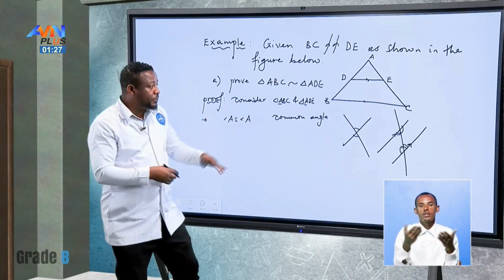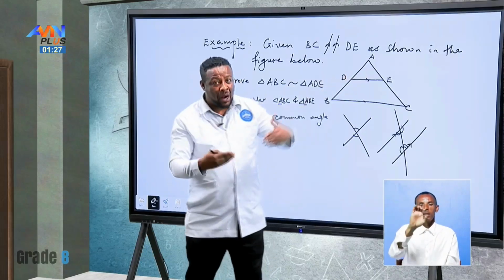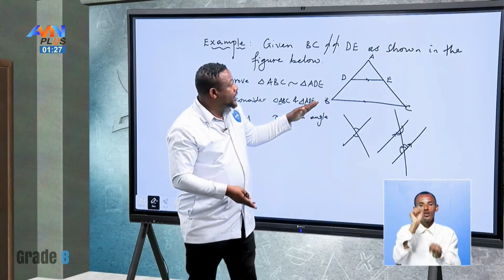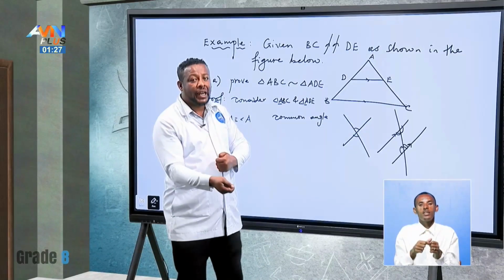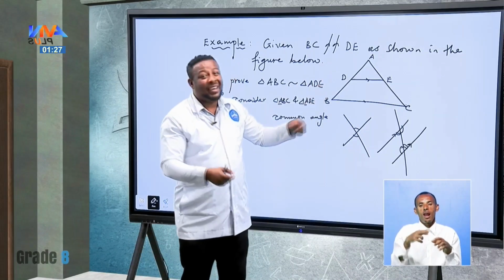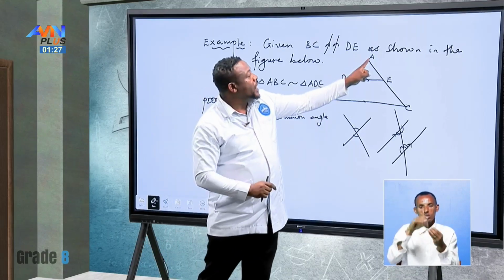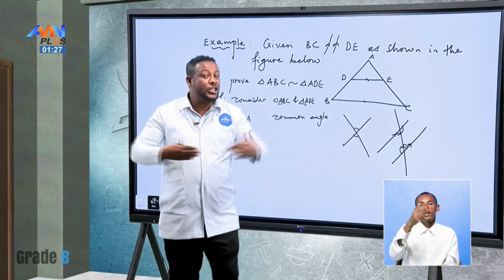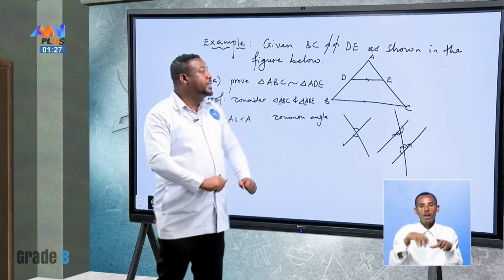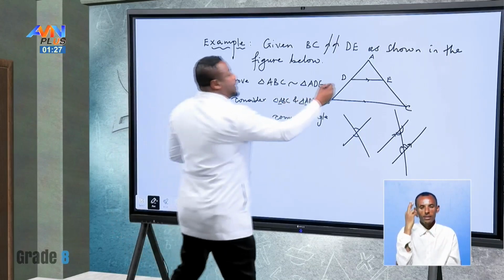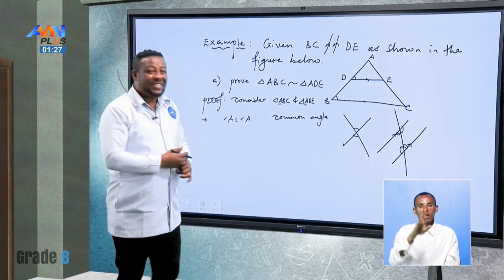The other thing: BC and DE are parallel. So this line can be considered as a transversal line. You can consider AB as a transversal line, or you can also consider AC as a transversal line for the two parallel lines. So if that is the case, angle D and angle B are the same, right?